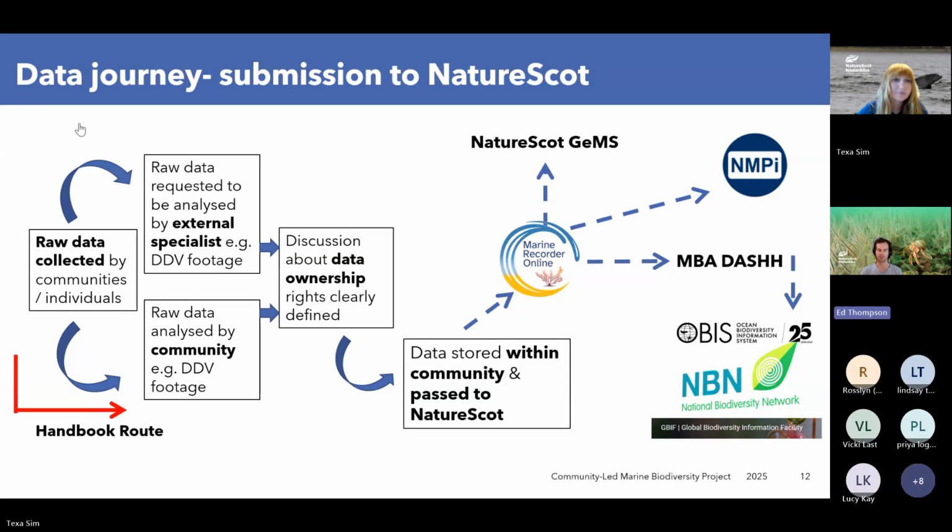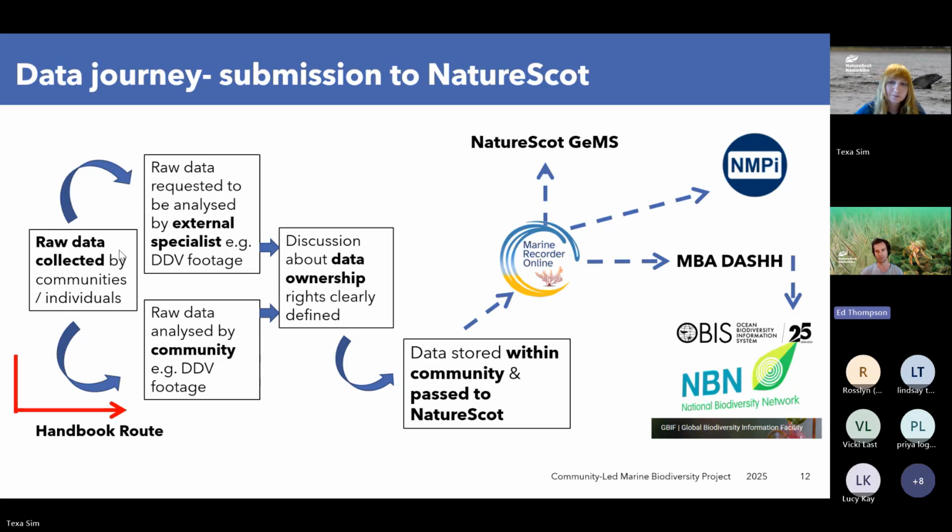I'll take that one. So essentially, yes. As of 2025, there's an agreement between the Marine Biological Association's DASH and NBN to share data between each other, which means that the two submission routes, which on the previous slide ended up in different places, will now end up in the same place.